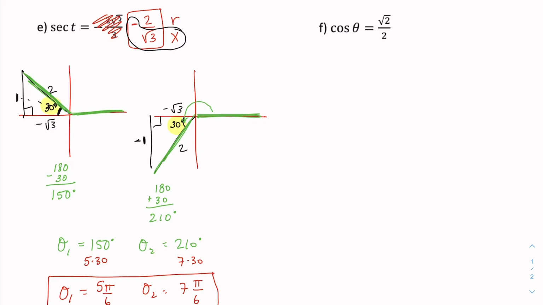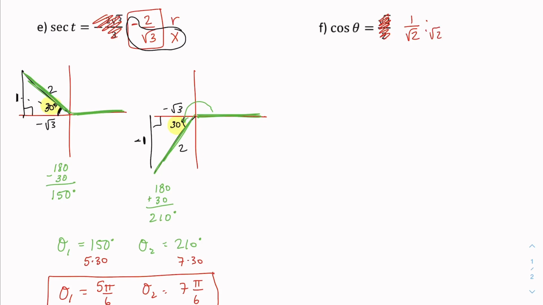So let's try the last problem of the day. Cosine theta equals root 2 over 2. Labeling first always, x over r. But as we did before, we noticed that these sides are not familiar. Why don't you rewrite them yourself? So originally, it would have been 1 over radical 2.